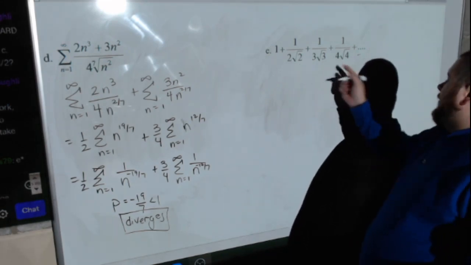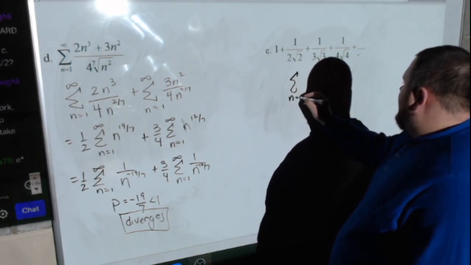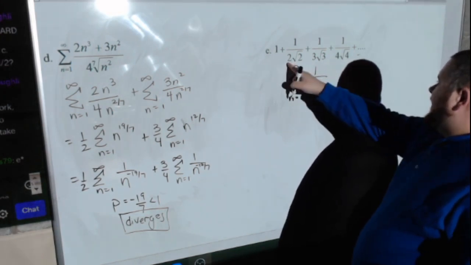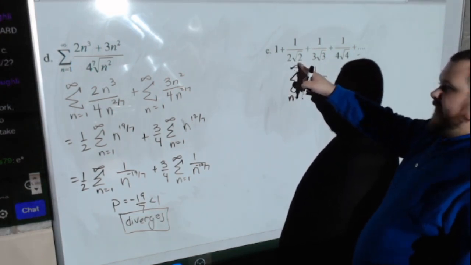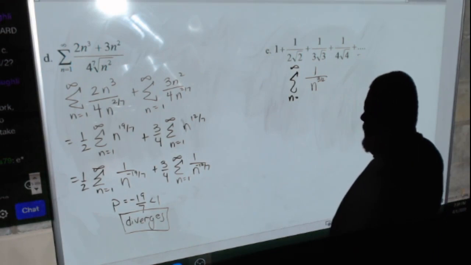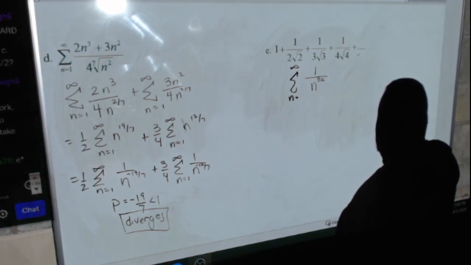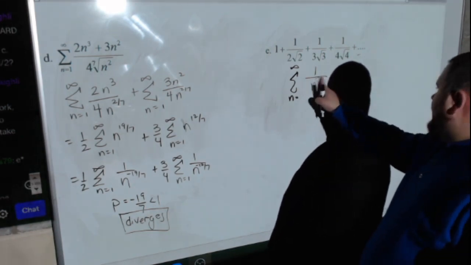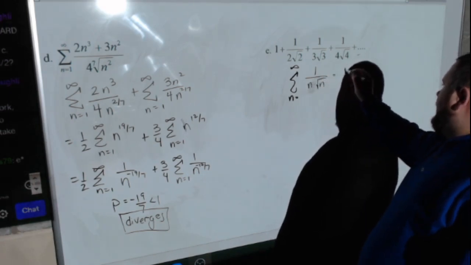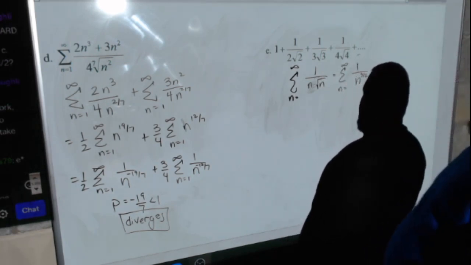So we have to write it as a summation first. If we look at the terms here, this is the sum, and we've got 1 over n times square root of n, which is really n to the 3/2. Any term is n times square root of n, and that's n to the 3/2.